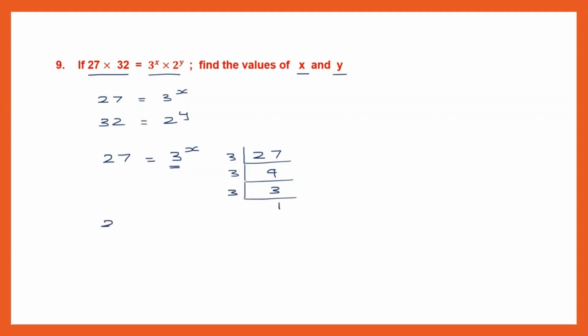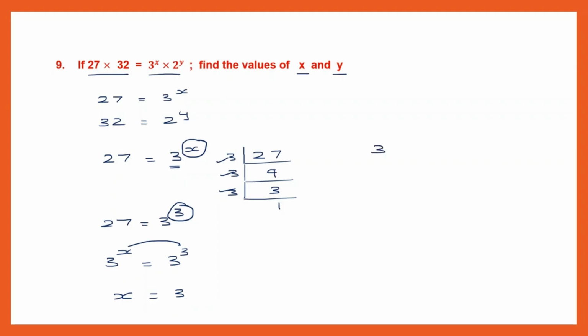So we have got 27 is equal to 3 raised to the power of 3. That means 3 to the power of x is equal to 3 to the power of 3. That means we have found the value of x to be 3. The base is the same, 3 and 3. The powers, x is equal to 3.